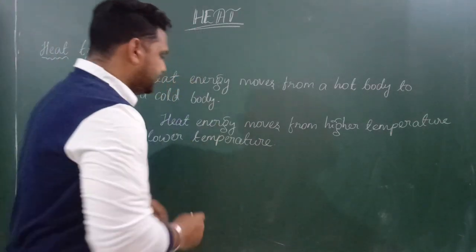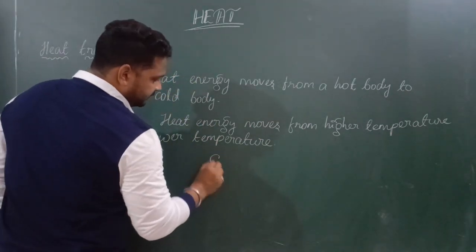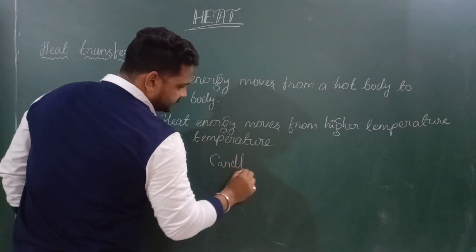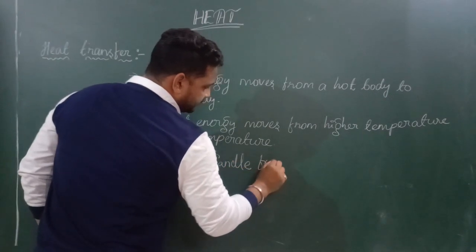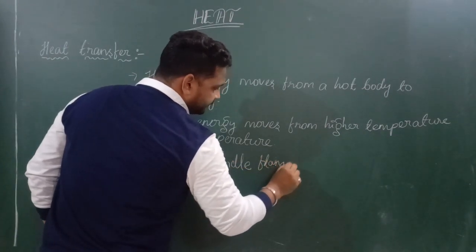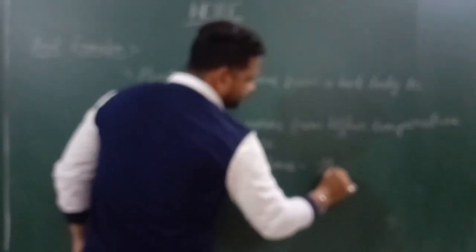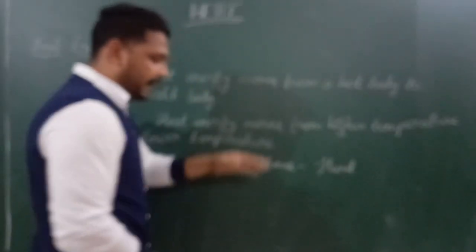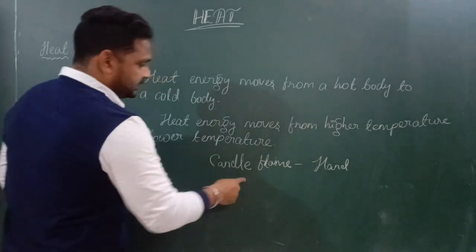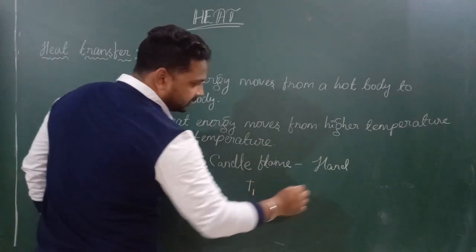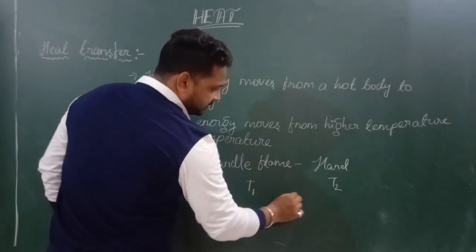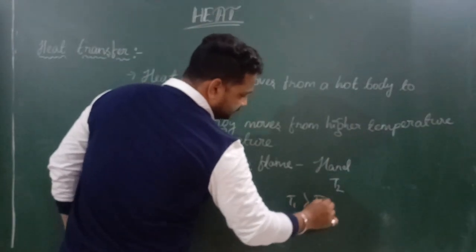So between the candle flame and our hand, when we keep our hand on top of a candle flame, the temperature of the candle flame is T1 and the temperature of the hand is T2. Then T1 is greater than T2.